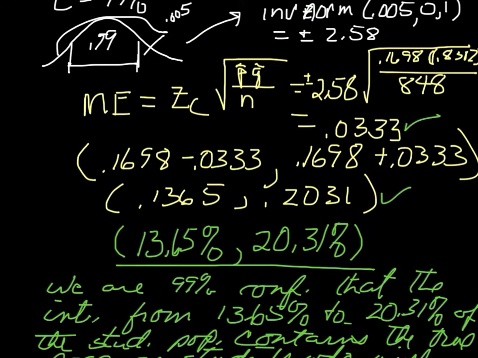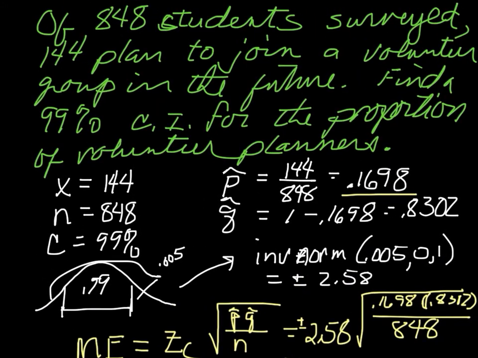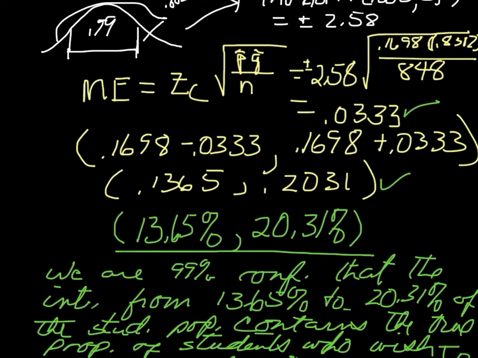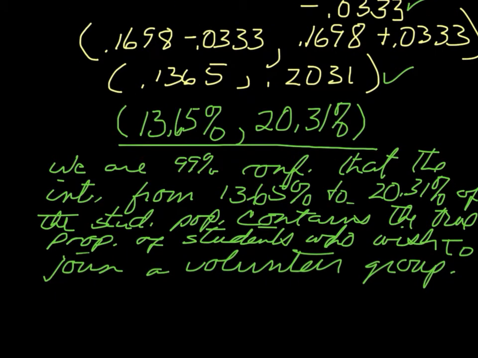Now notice how that refers back to the original problem. Let's go back and look. The original problem was, of 848 students surveyed, 144 plan to join a volunteer group in the future. So they want us to find a confidence interval. So now by conclusion, we are 99% confident that the interval from 13.65% to 20.31% of the student population contains the true proportion of students who wish to join a volunteer group.